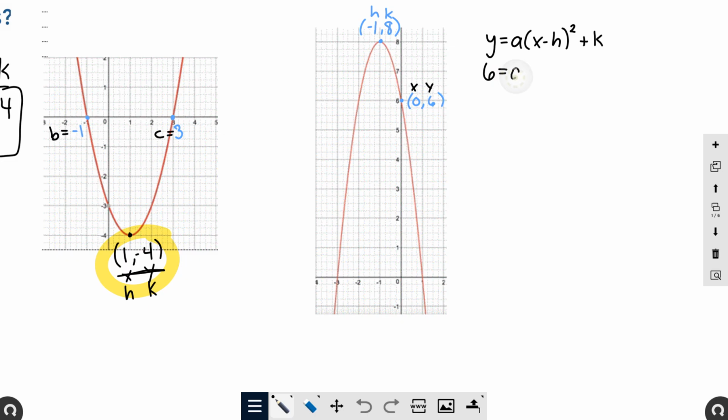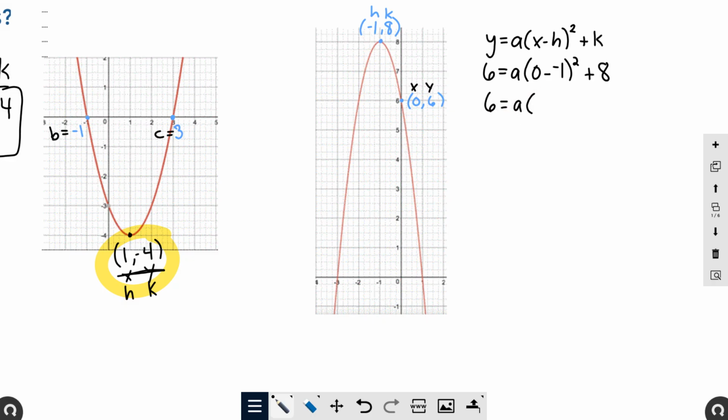So 6 equals A, 0 minus -1 squared plus 8. So 0 for x, 6 for y, -1 for h, and 8 for k. Now how do I simplify this? Parentheses first.